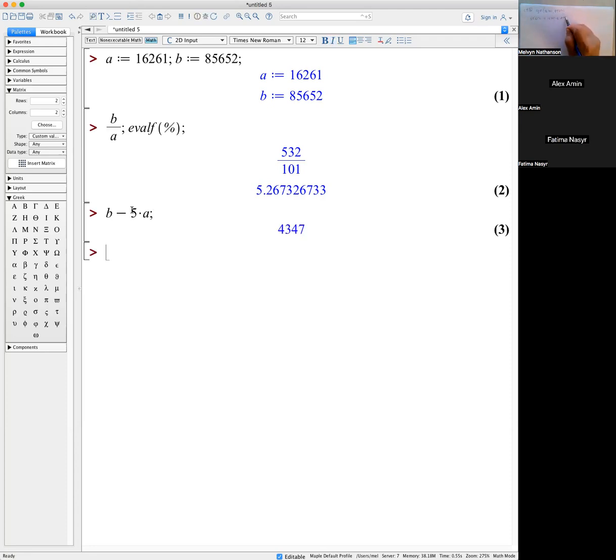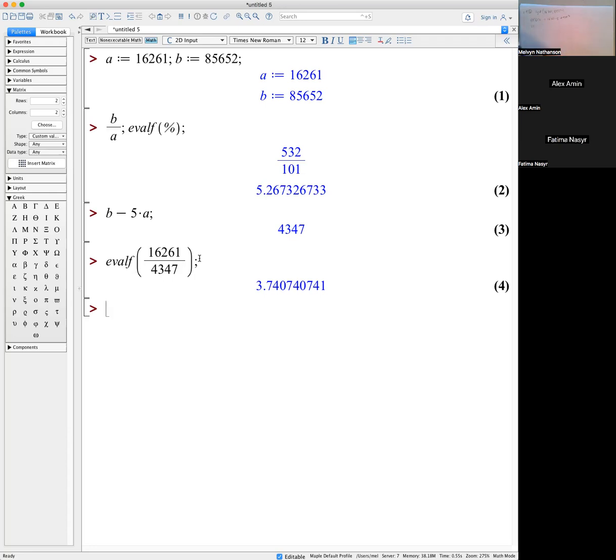That's 4347. Then I take 16,261 and divide it by 4347, written as a decimal. This is just the command in Maple, and I get 3.74.